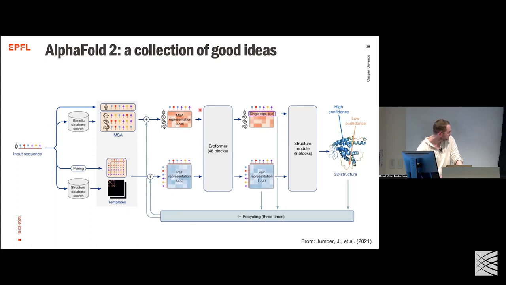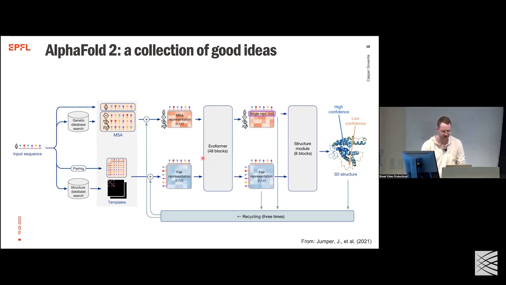And these are encoded as the MSA representation and the pair representation, and this goes into the AlphaFold model, which consists of the Evoformer. So the Evoformer allows reasoning between sequential and structural information.